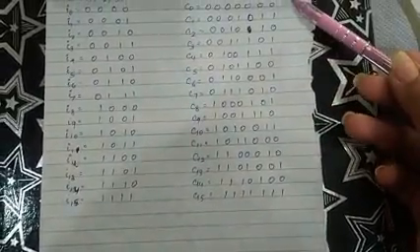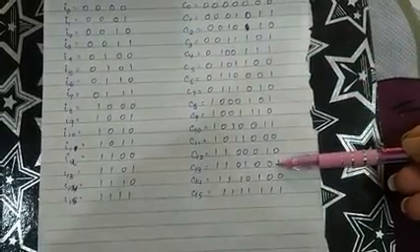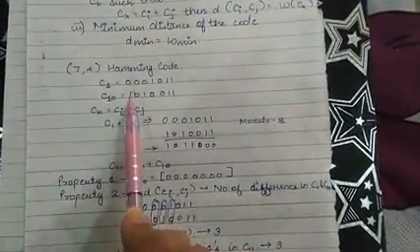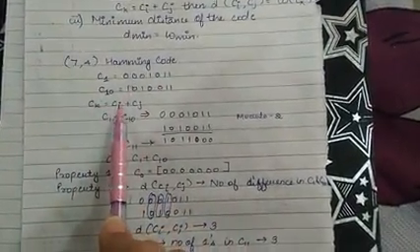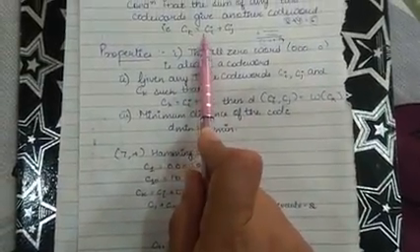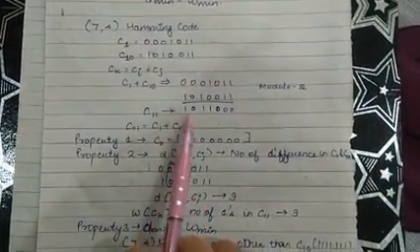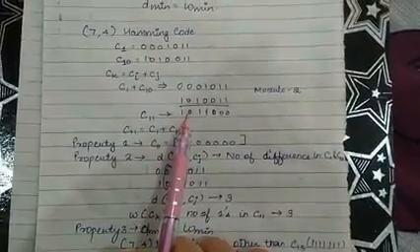From C0 to C14, I can pick any two codes. I have picked C1 and C10. Ck is equal to Ci plus Cj, as I told you earlier. By using this property, I'm finding whether my generated code word is a Hamming code or not.